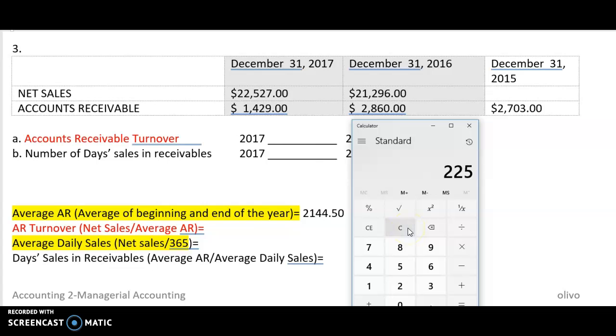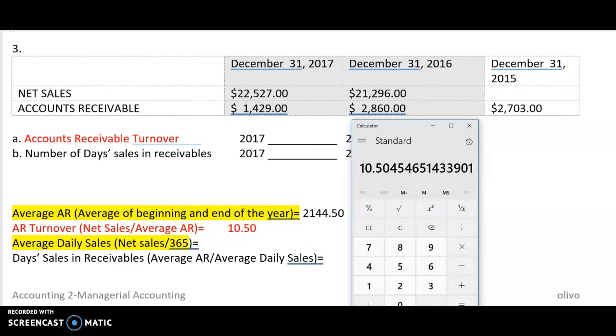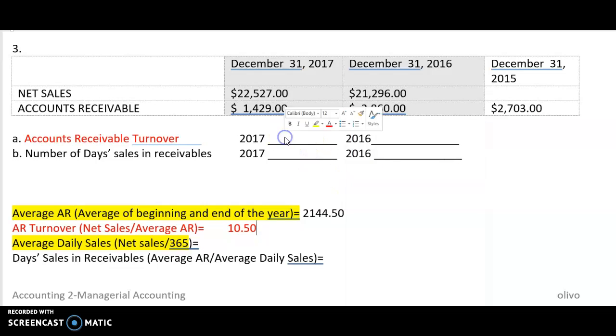So 22527, which is net sales, divided by this average AR that we found, 2144.5, to get 10.5. So the answer to this first one is 10.5.